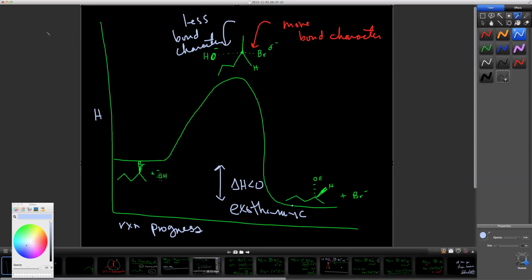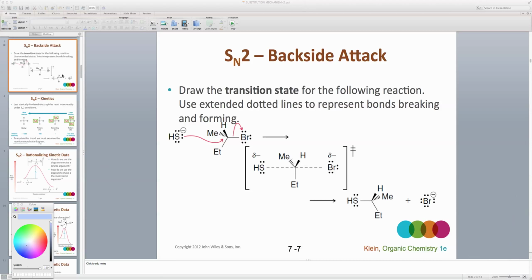So as we go back and look at our transition state, they're not showing this piece of critical detail. Keep in mind in these exothermic reactions that the carbon-leaving group bond has more bonding character than the carbon-nucleophile bond that's being formed.